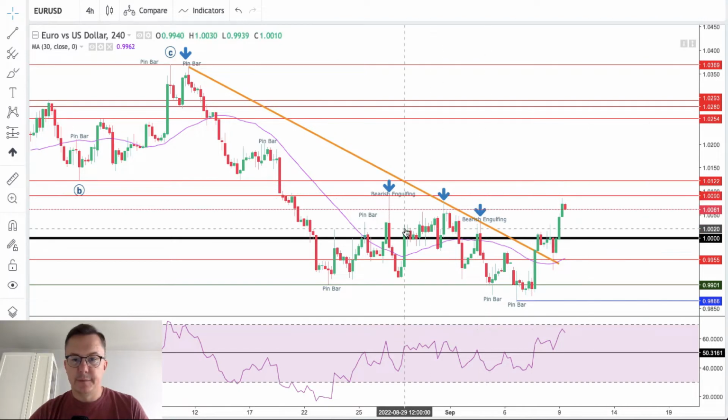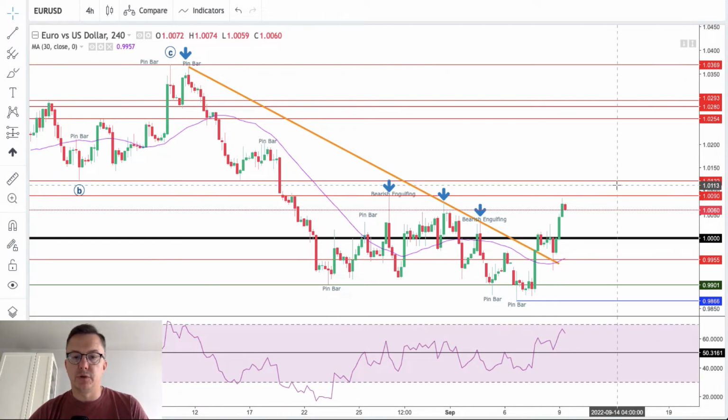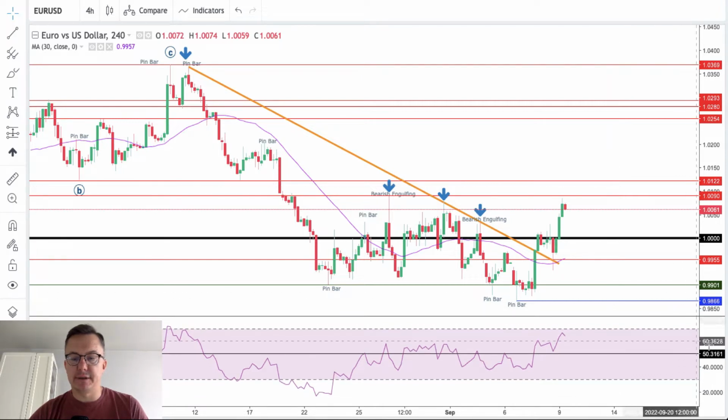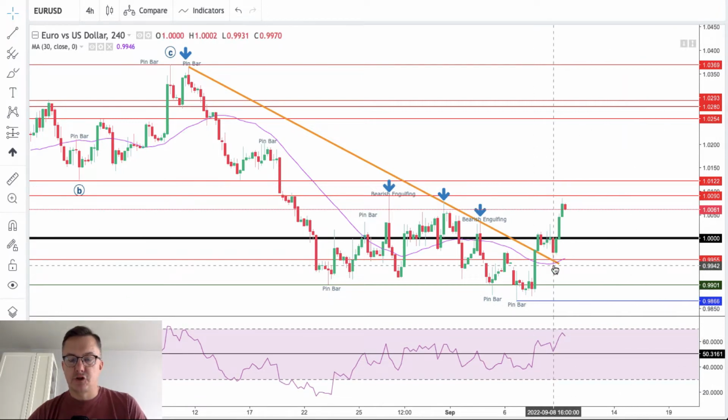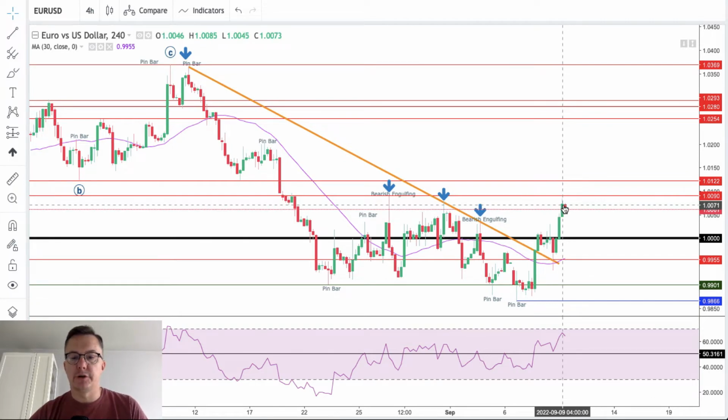This is the high from the 26th of August 2022, and if this level is violated, then of course we can go as high as 1.0122. Still, this bounce should be considered as the local bounce during the downtrend. So this is the up movement during the downtrend on the euro dollar.